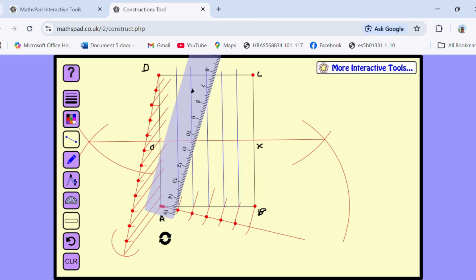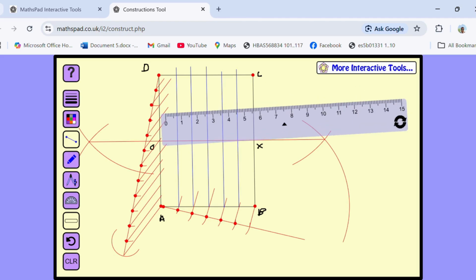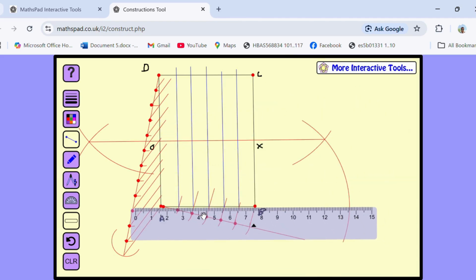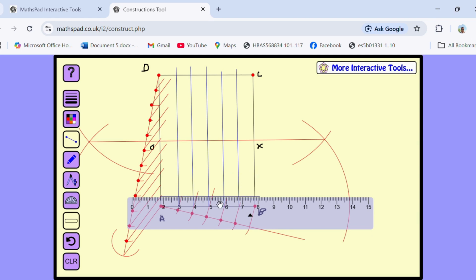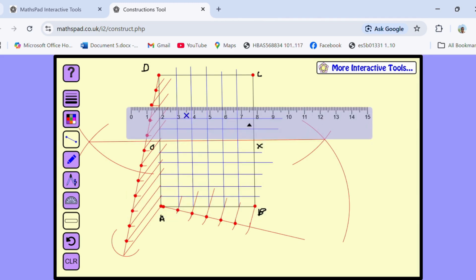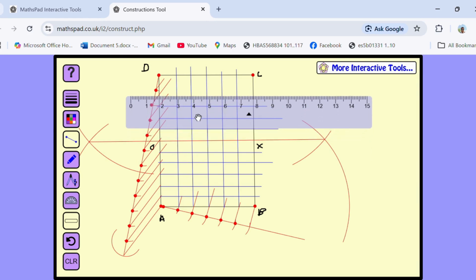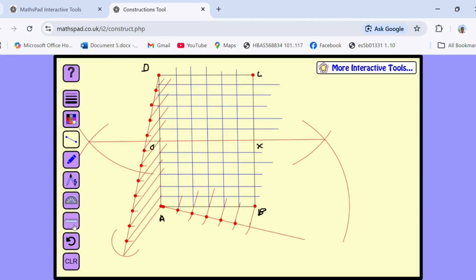We repeat the same concept to divide BX and CX too. Okay, we divided BX and CX also into six equal parts.